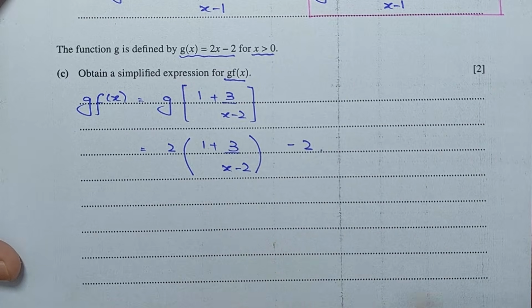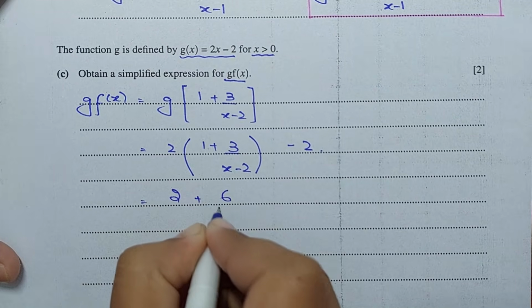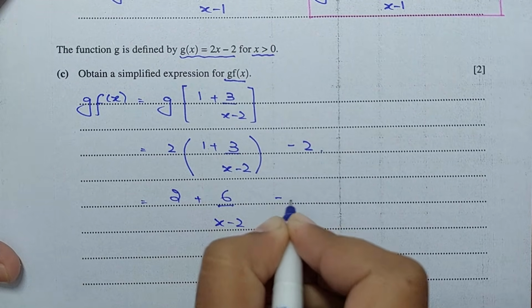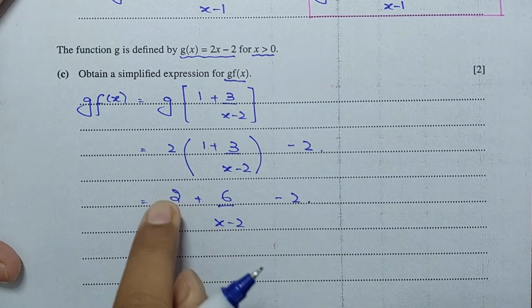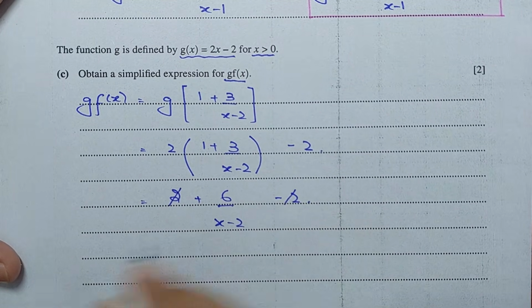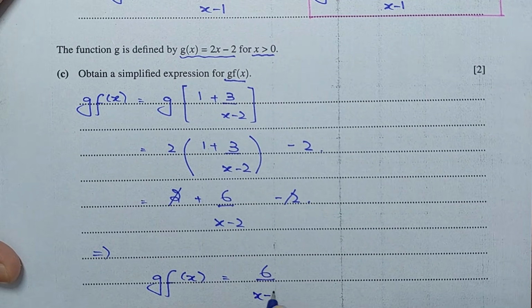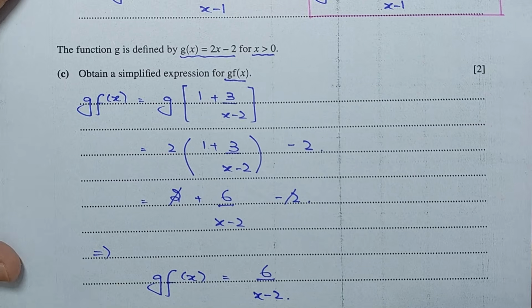Now just simplify it. So 2 times 1 is 2, 2 times 3 would be 6 over x minus 2, and minus 2. Alright, the 2 and minus 2 cancel out. And the simplified expression for g f of x is 6 over x minus 2. This is a simplified expression.